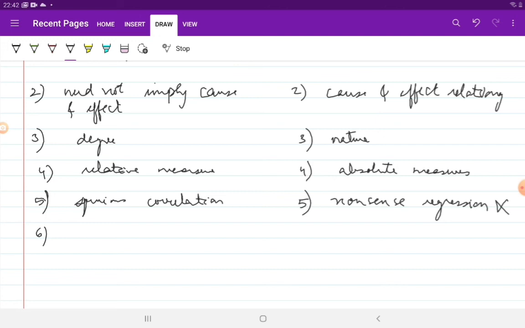Correlation cannot be used for further mathematical manipulation or mathematical treatment, whereas the regression coefficient is widely used for further mathematical treatment.